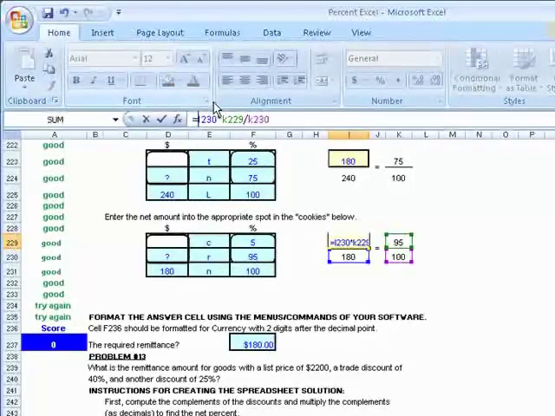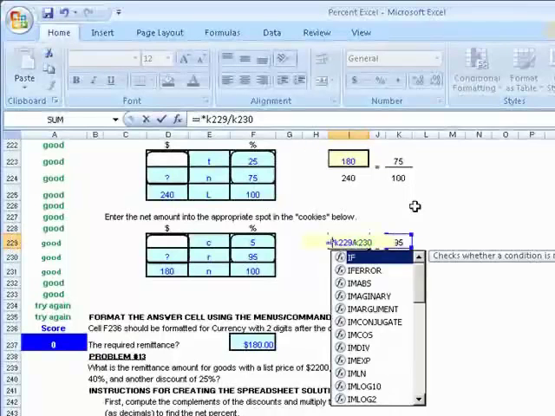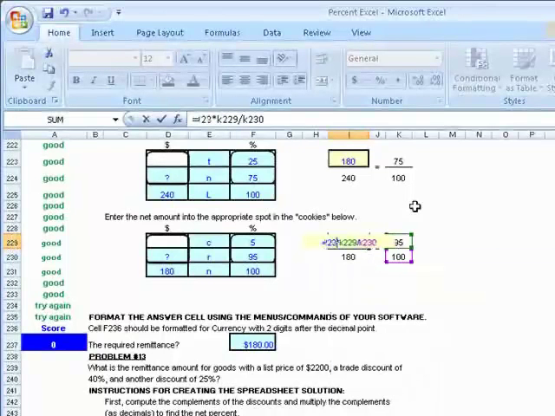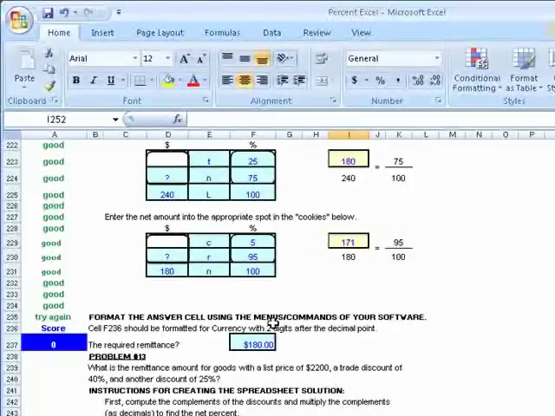I forgot to tell it to do math. Okay, so I've got the numbers in the right spot. Let's do it again here. I-230 there. So this should be $171 is remitted. And that's right.